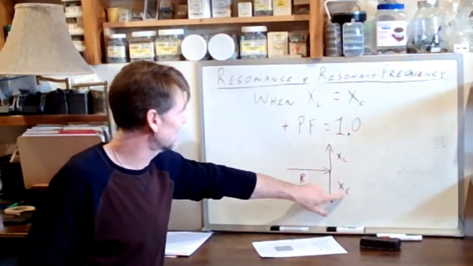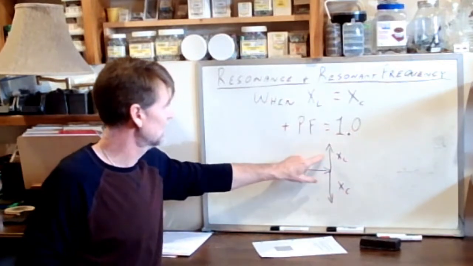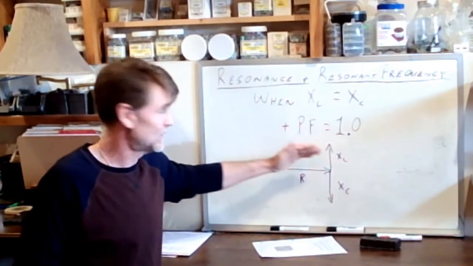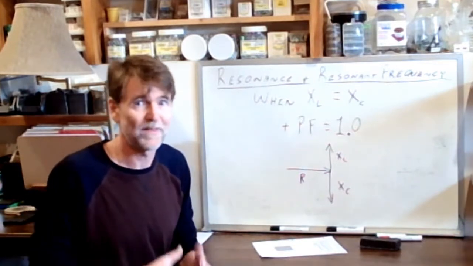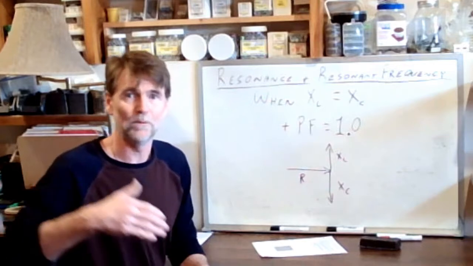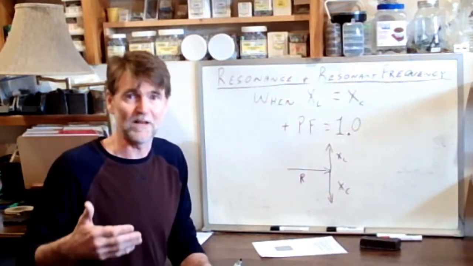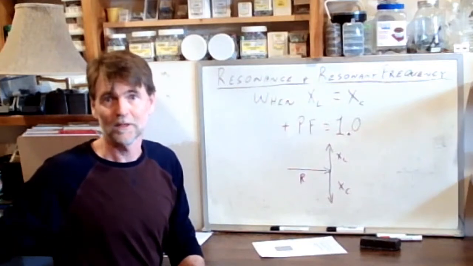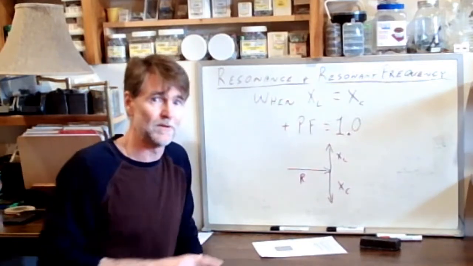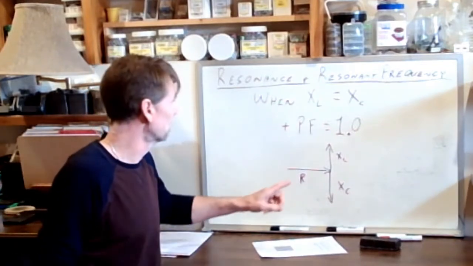By adding the capacitance, we reduce the amount of inductive reactance, and we reduce the angle of our triangle. That is something that we definitely do. We're going to talk more about that when we get into the parallel circuits, because we do that on purpose, but we are connecting those capacitors in parallel, not in series. So we'll have more about that conversation soon.